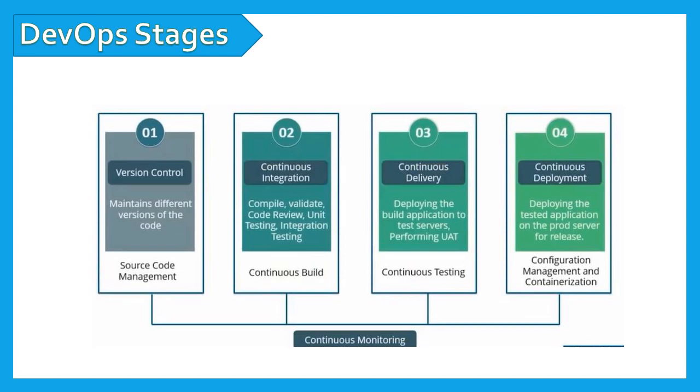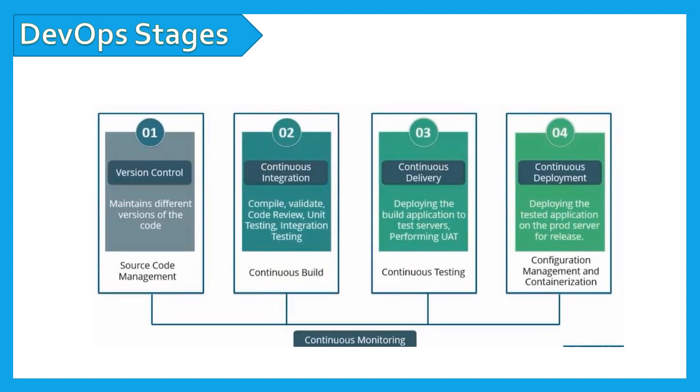Then we have continuous integration. Continuous integration is basically building your application continuously. What I mean by that is, suppose any developer makes a change to the source code, a continuous integration server should be able to pull that code and prepare a build.